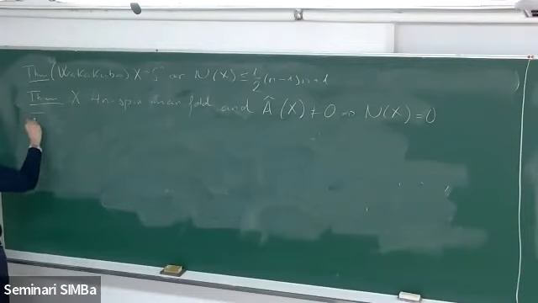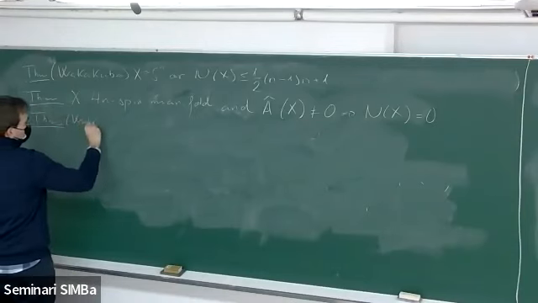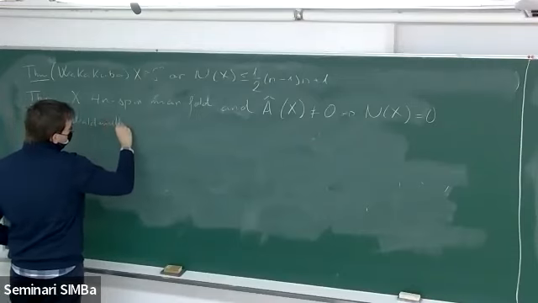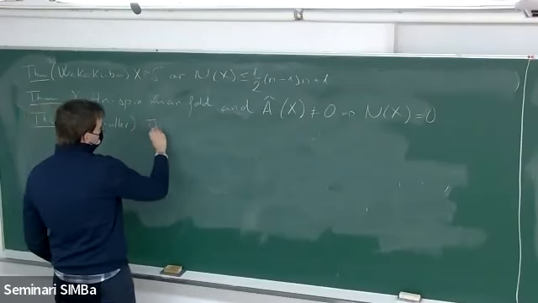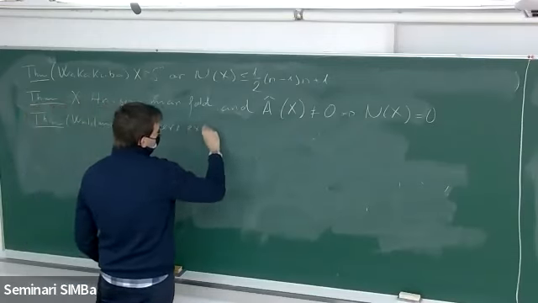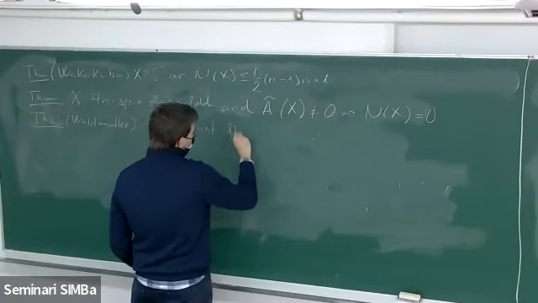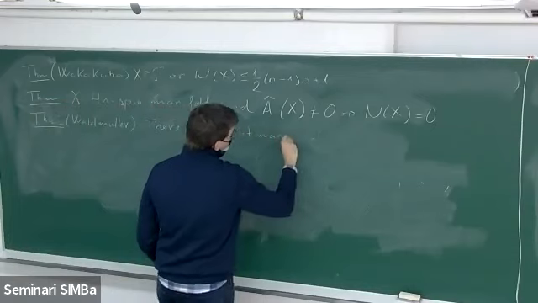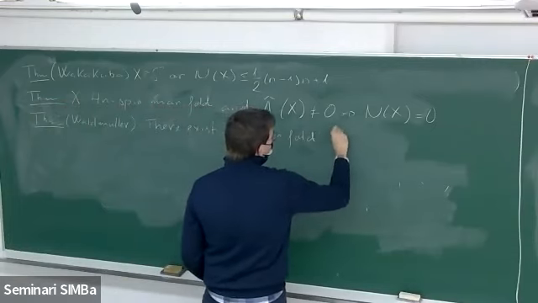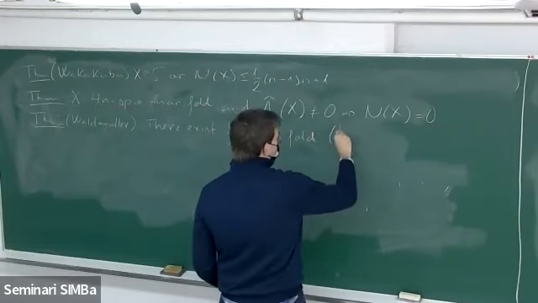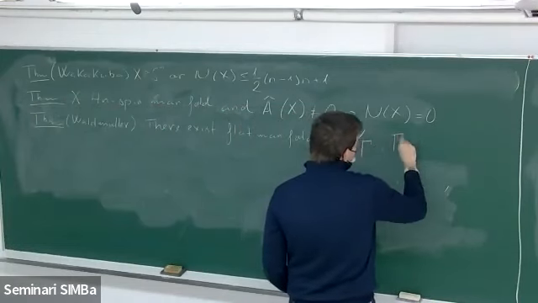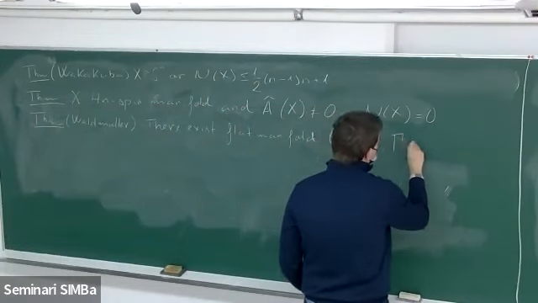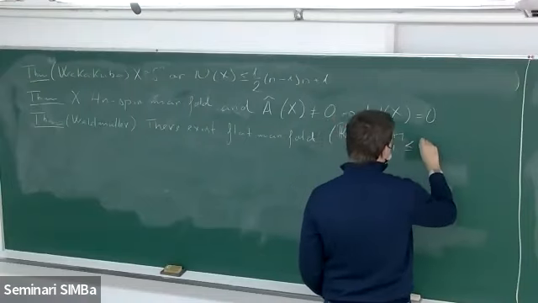And another theorem, in this case by Wilking, is that there exists a manifold, the quotient of Euclidean space by a discrete group of isometries.